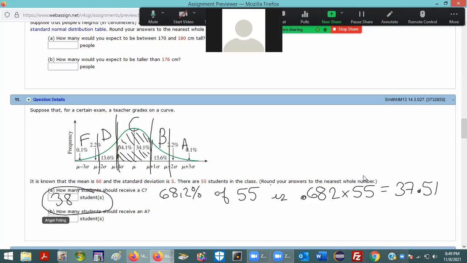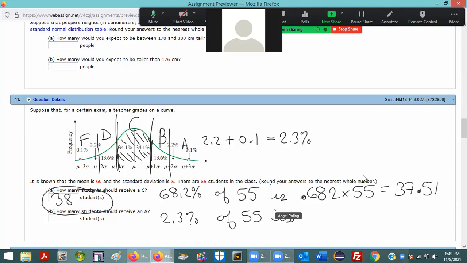So most people get a C. The A group is 2.2% plus 0.01%. So like 2.3% of people will get an A. 2.3% of 55 is like one person probably.